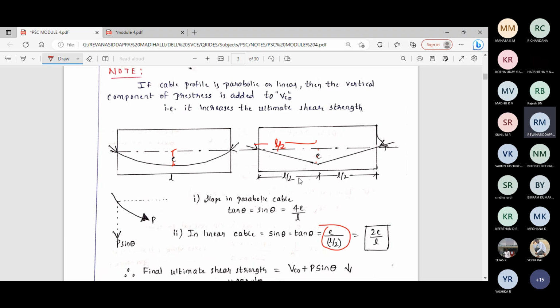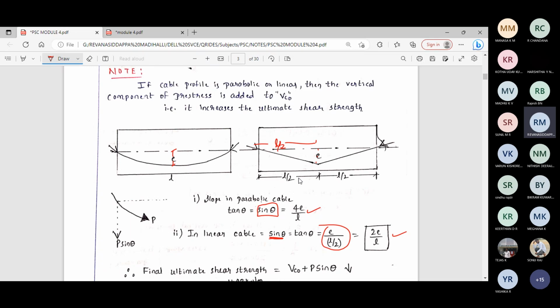Whatever the slope at the support, it is assumed to be very negligible. When the slope is very negligible, almost the sine function is equal to the tan function. That is why instead of taking tan function, we are taking sine function here. Sin theta is equal to E divided by L by 2, finally you will get 2E by L. If it is a parabolic cable, you need to take 4E by L as sin theta.